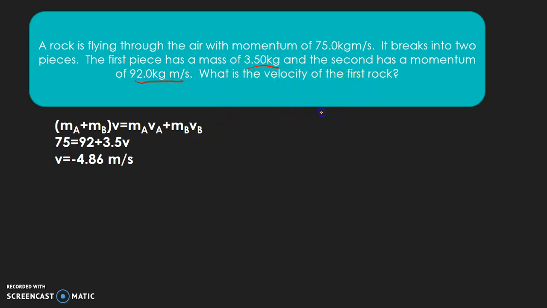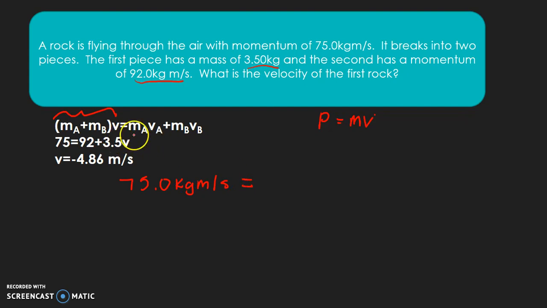So again, remember that the momentum formula is mass times velocity. So we're going to plug in what we know. The momentum of the rock initially, so this would be this entire side, mass times velocity, will be 75 kilogram meters per second.